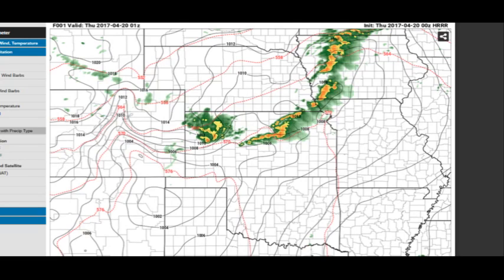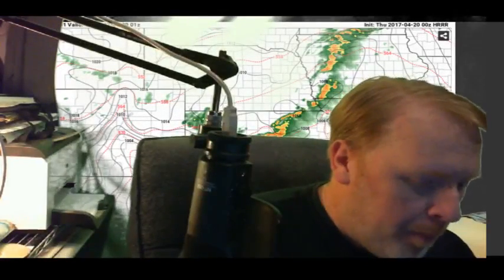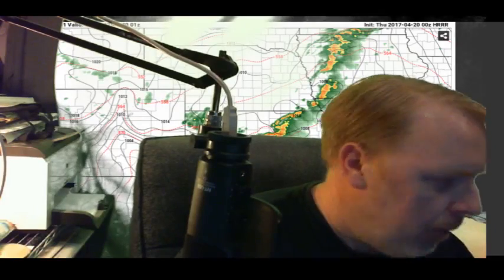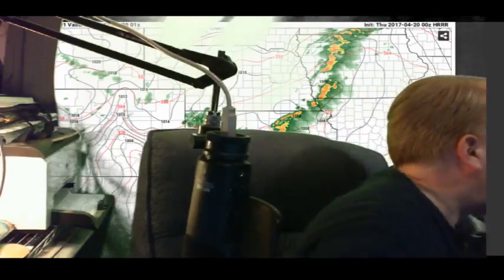Does anybody know of good radar apps for cell phones? Yeah, that's a great idea, guys. RadarScope. Let me bring up my RadarScope and we can look at that Des Moines storm. In fact, let me bring it up on my tablet. Give me just a second here.